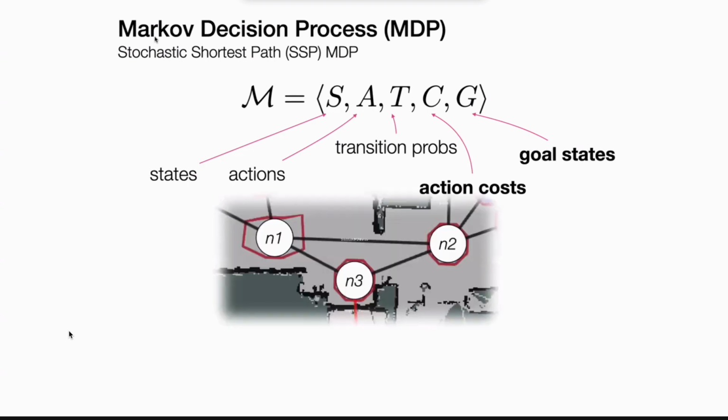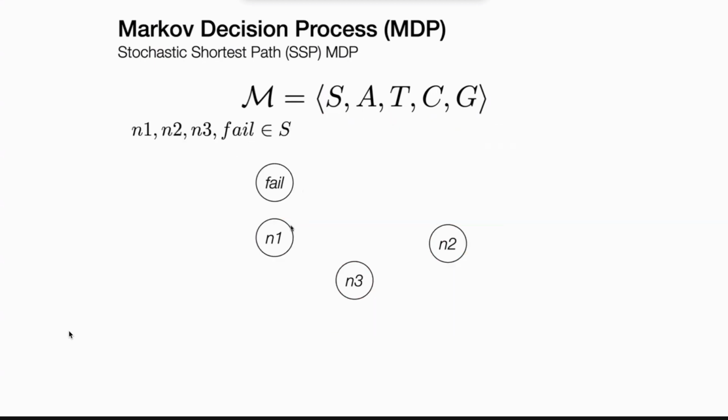And just as a reminder, we can think about it a bit like this. We're going to think about navigation problems. In a navigation problem, we might have a few locations or nodes, and our action might look like this. The action would be to drive from node 1 to node 2.